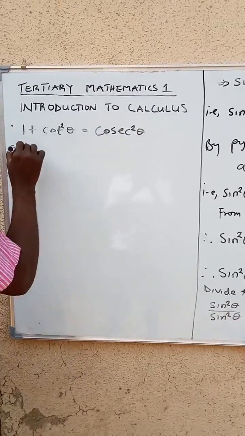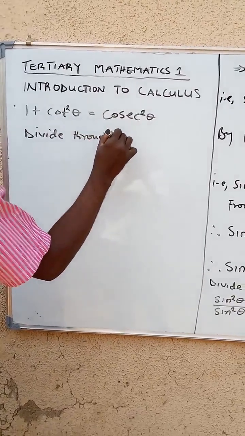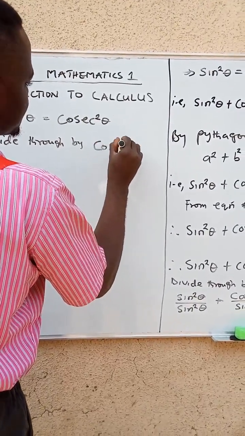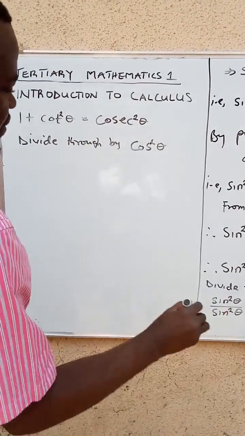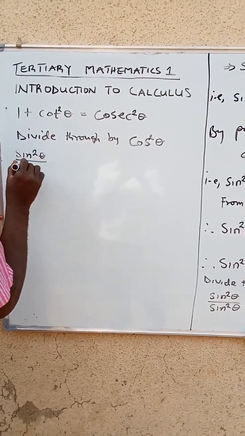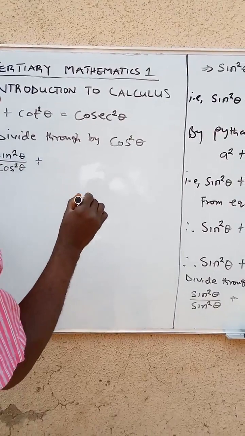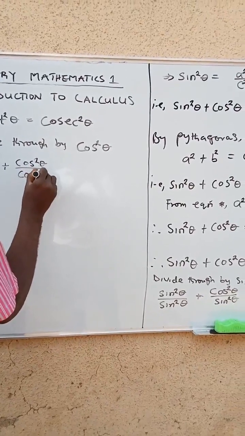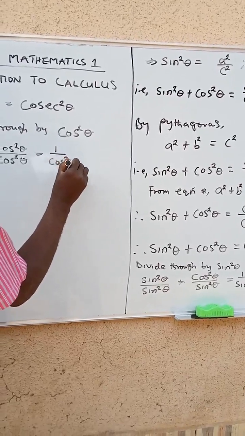Then suppose I divide through by cos²t. What I'll be having is sin² over cos² plus cos² over cos² is equal to 1 over cos².